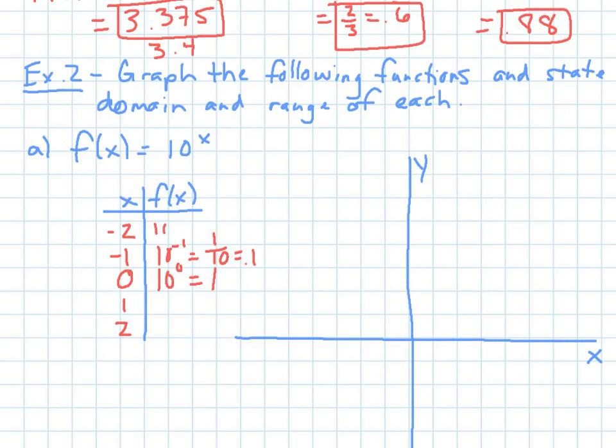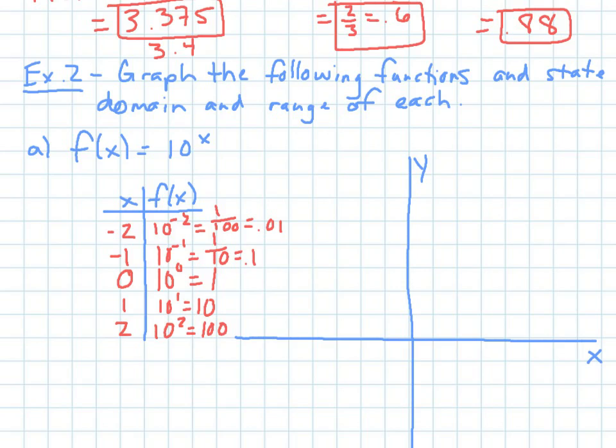And 10 to the negative second would be 1 over 100, which is 0.01. Then 10 to the first would be 10, and 10 to the second would be 100.